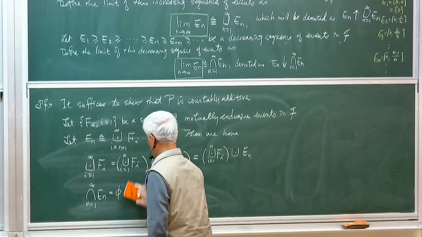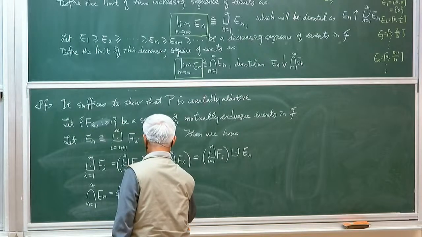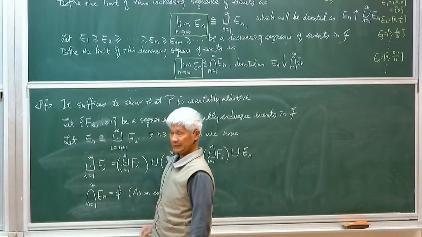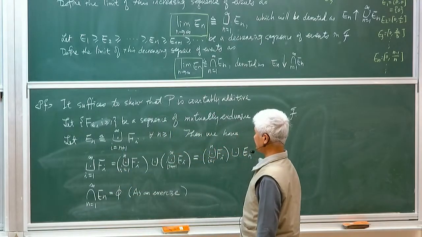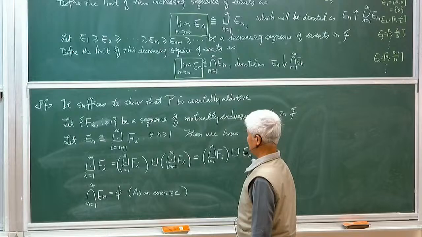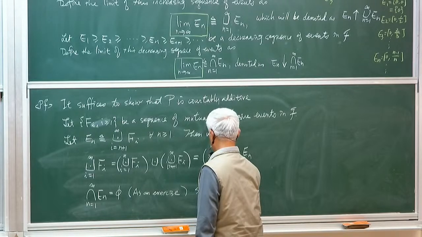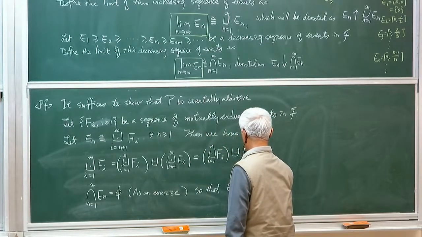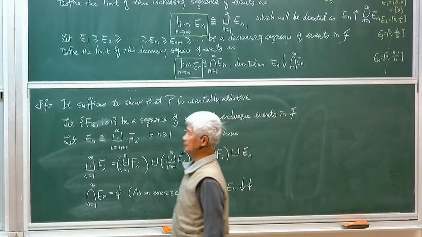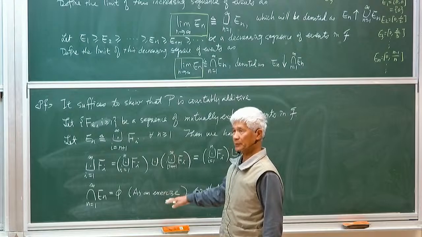I will leave it as an exercise for you to show why the intersection is the empty set, so that E_n will go down to the empty set. Okay, so this is all our preparation.